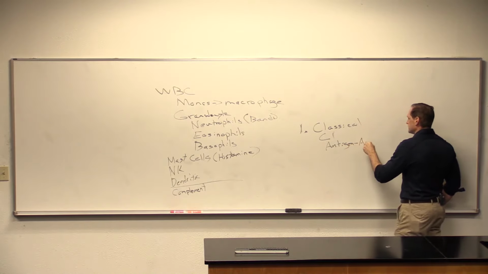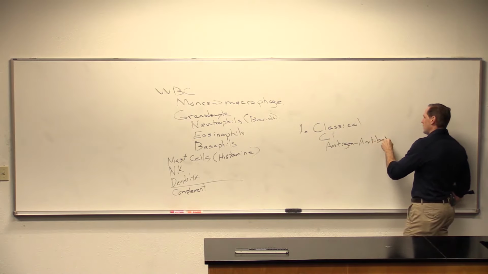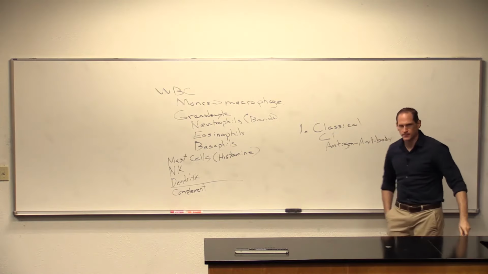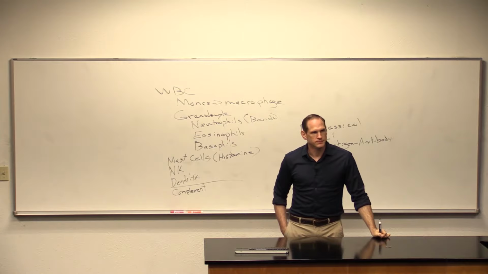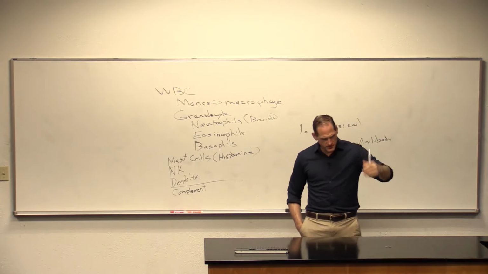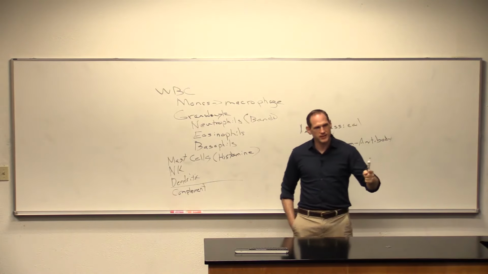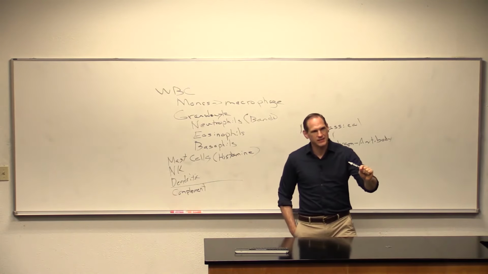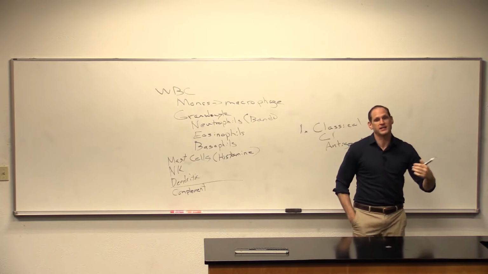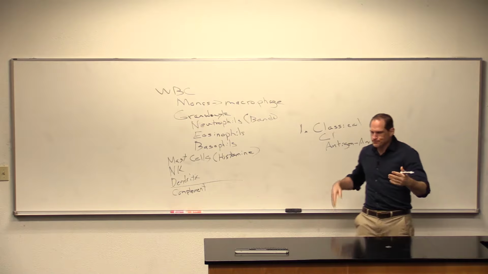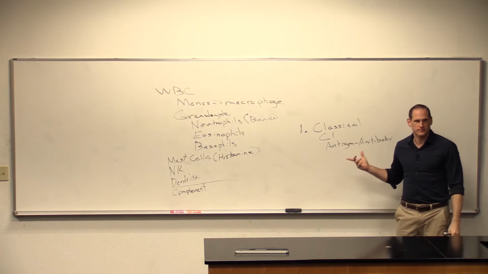antigen-antibody complex. Now, what is an antigen? Anything that stimulates an immune response. That is a very good answer. It's slightly technically not correct, but it's good enough for us. Technically, it's anything you can produce an antibody against. So, what is an antibody?